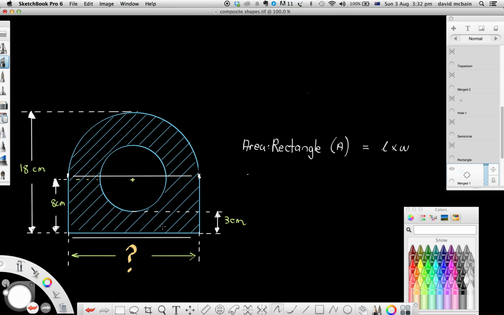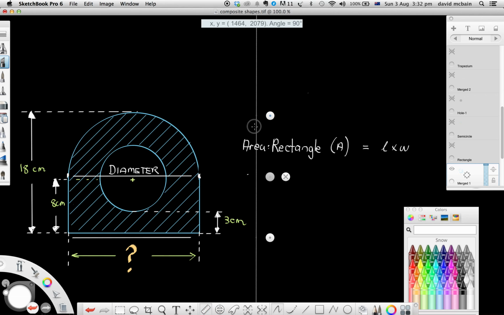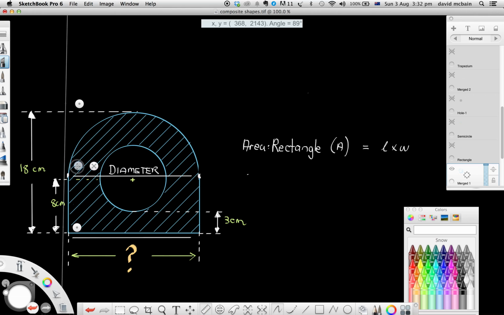Now you might remember that the whole distance across that semicircle is the diameter of the semicircle. And when we look at this diagram, we can also see that the distance from here to here is the radius of our semicircle.